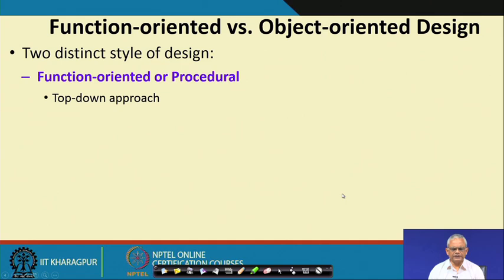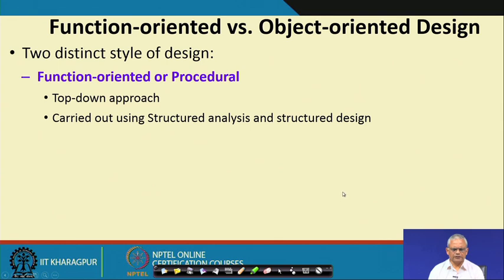The function oriented or the procedural design is a top down design technique, as we were saying that we start with the requirements, take the functionalities specified in the requirements and decompose them hierarchically into a fine set of functions, and then we map them into a design structure, and we use the structured analysis and structured design for the procedural design technique.